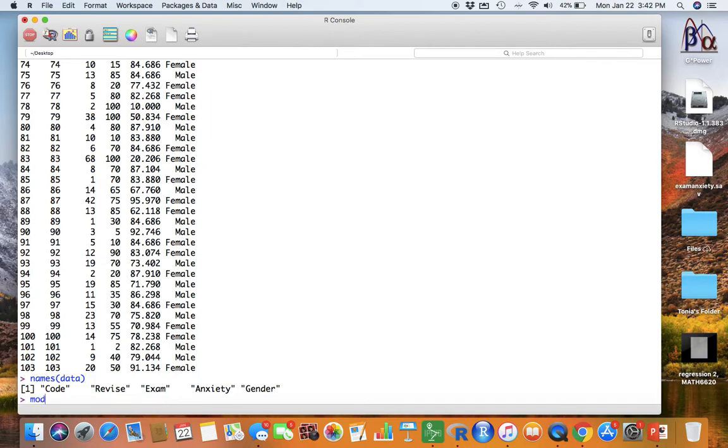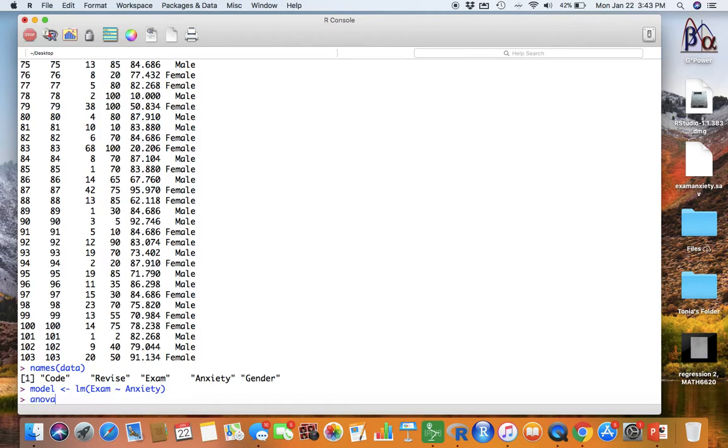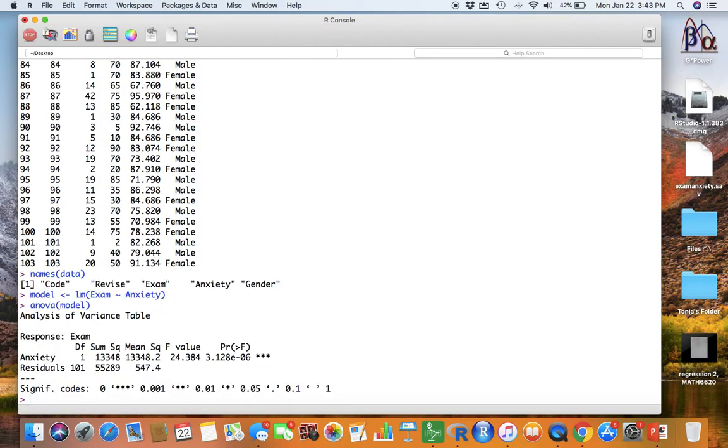So let's create our model. The first thing I want to do is a linear model of exam score from anxiety only. Then I want to look at the ANOVA like we did before, and we can see that our sums of squares are extremely large.